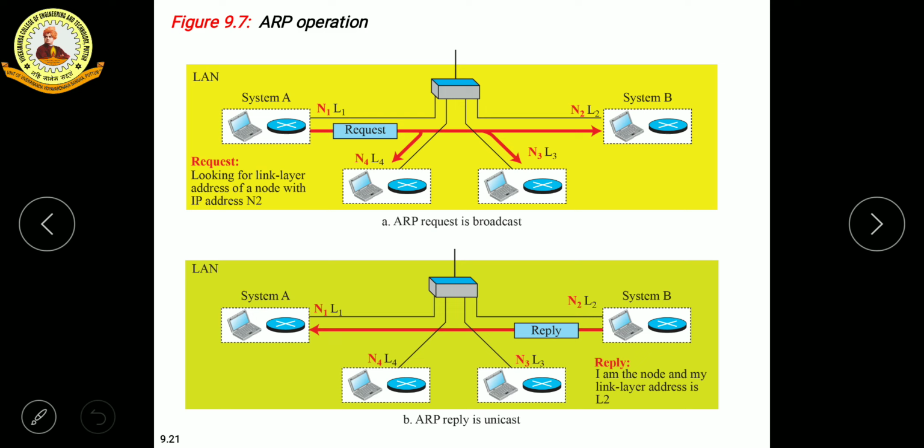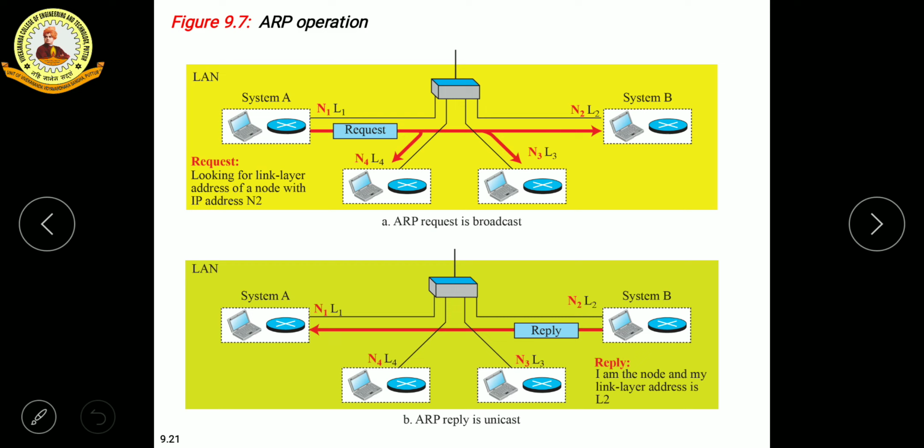This packet includes the link layer and IP address of the sender and the IP address of the receiver. Because the sender does not know the link layer address of the receiver, the query is broadcast, right? I told you the request will always be broadcast over the link using the link layer broadcast address. So what is the link layer broadcast address? FFF, all Fs, 12 hexadecimal digits.